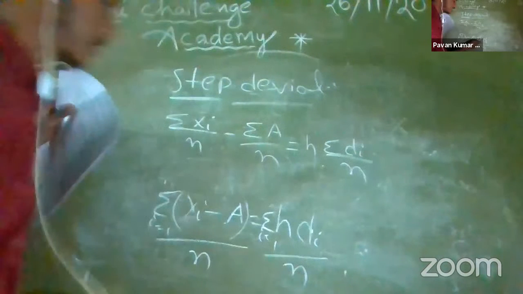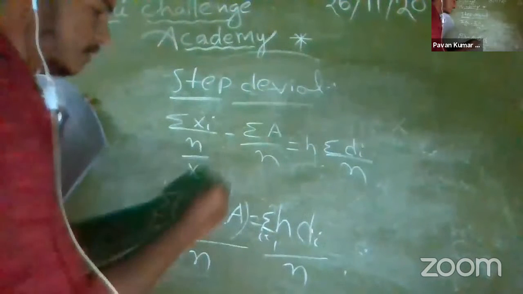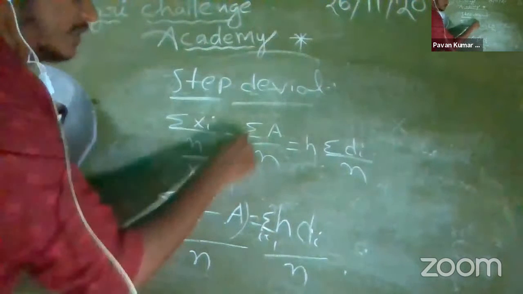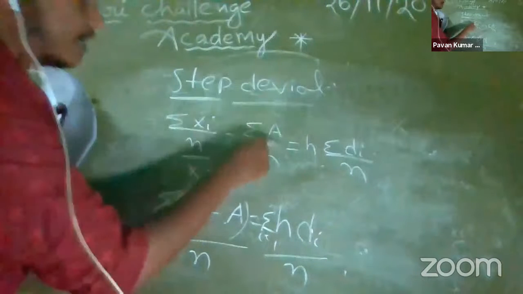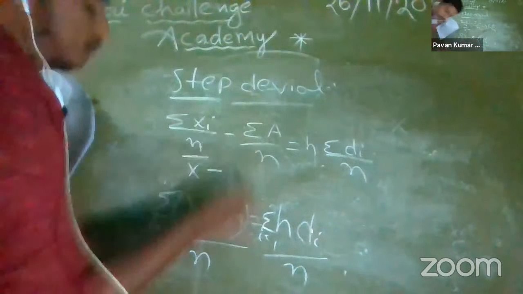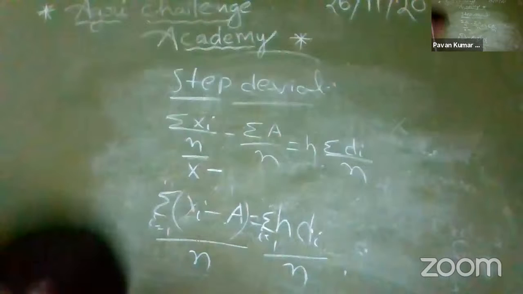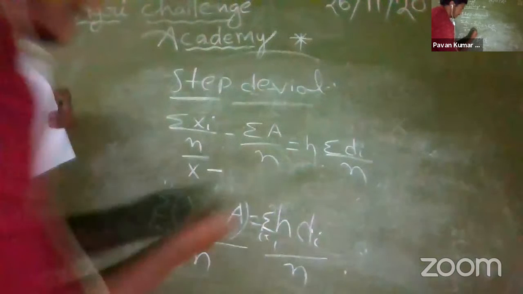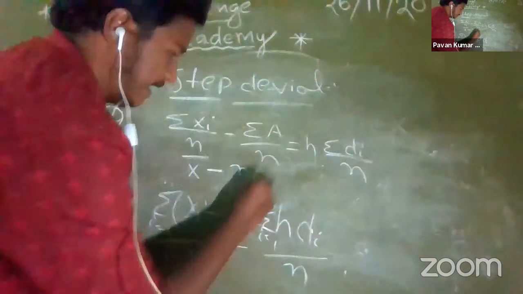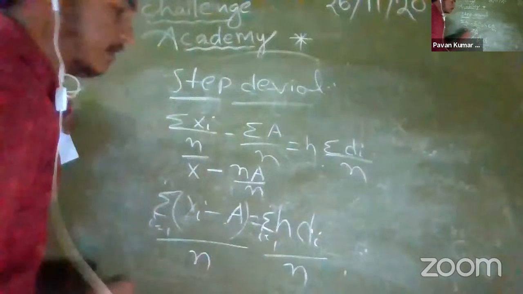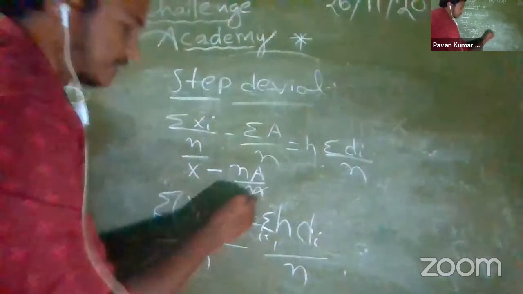Here you will get x bar minus summation of a constant, n times a, divided by n. Cancel these terms, equals h d bar.